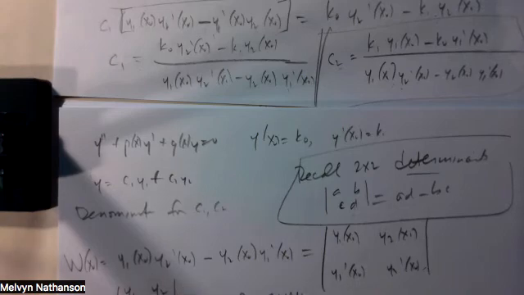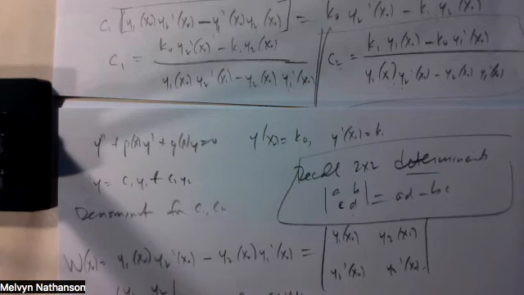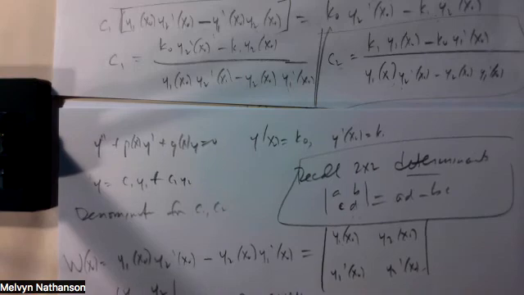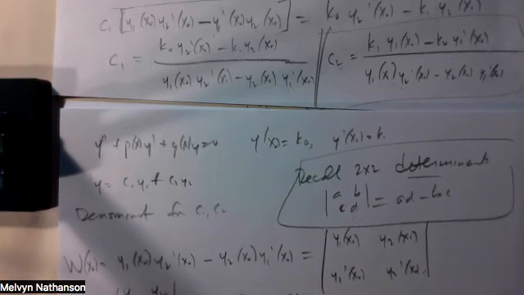If I have k naught y2 prime at x naught minus k1 y2 at x naught, this is the determinant of k naught, y2 prime of x naught, k1, y2 of x naught.